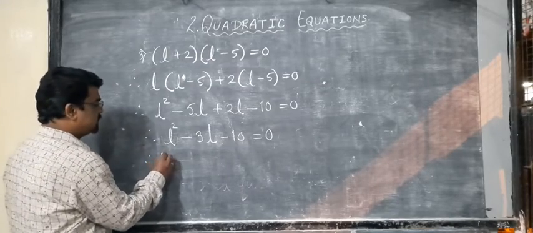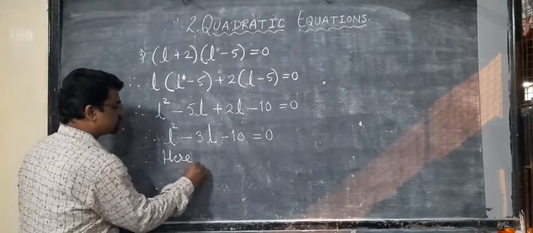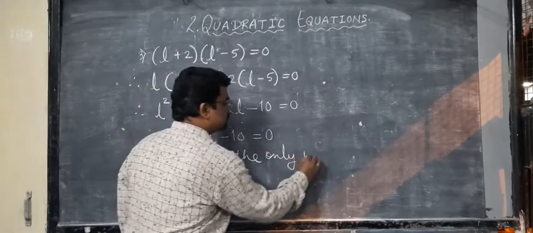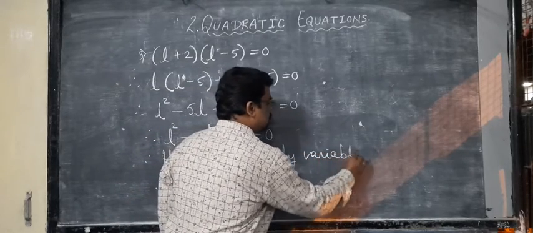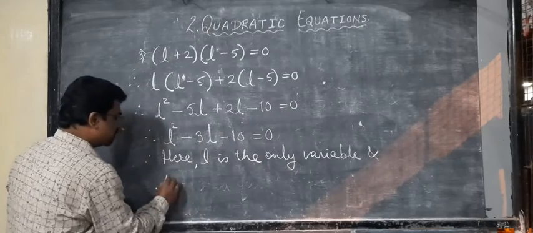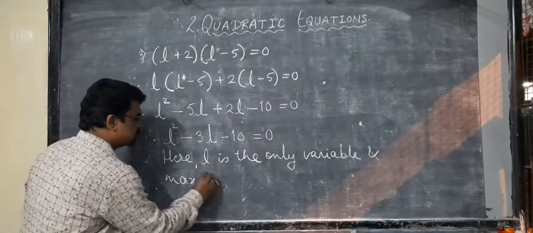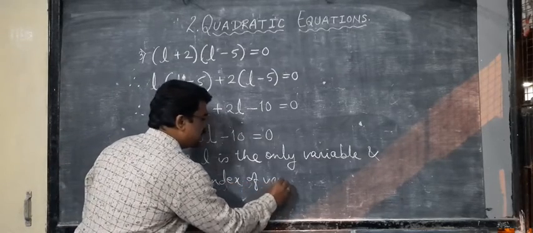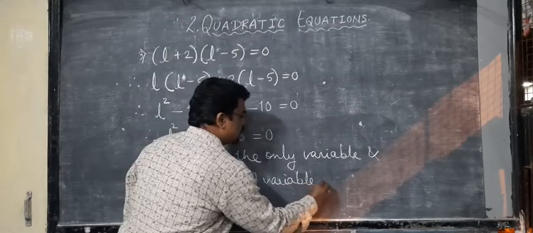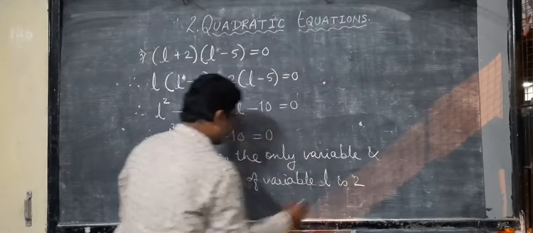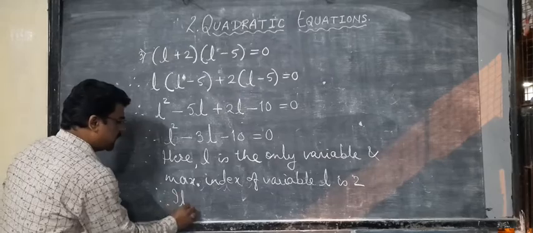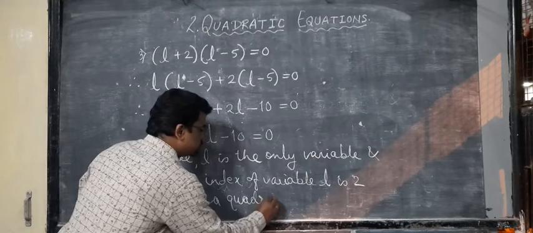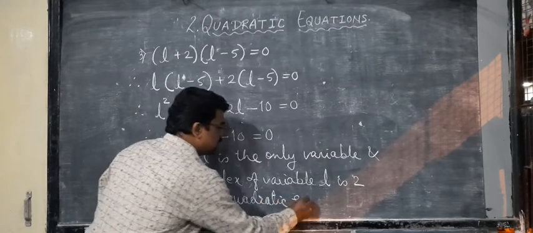So after writing this, here we can say L is the only variable and the maximum index of variable L is 2. Therefore, it is a quadratic equation.